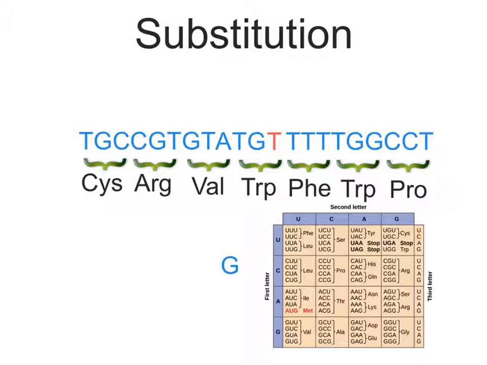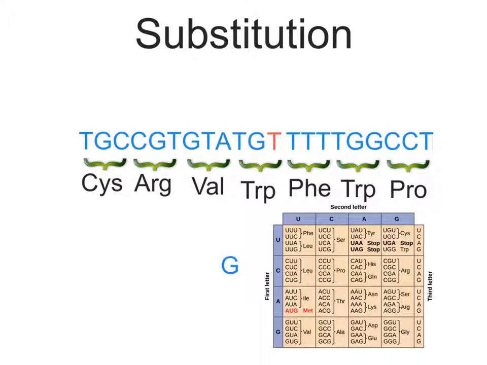If we change that last G to a T, or it would be another U, then we can see it up here a little bit higher, on top of that second little blue line. It changes to a UGU, which is CYS, cysteine, a different amino acid.